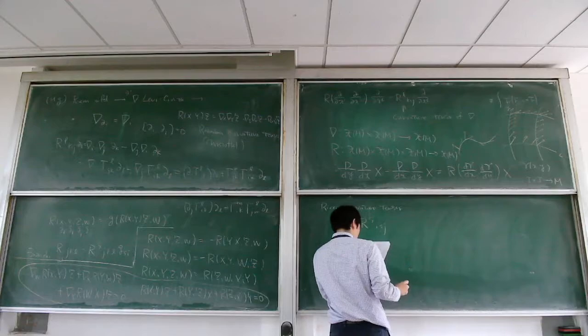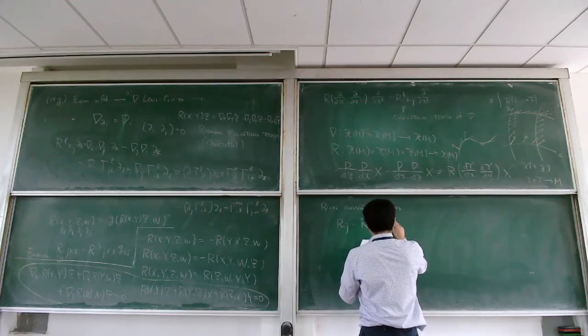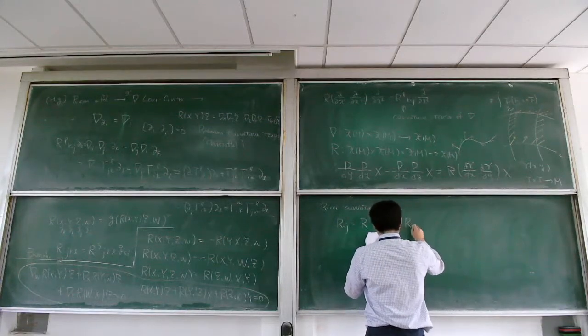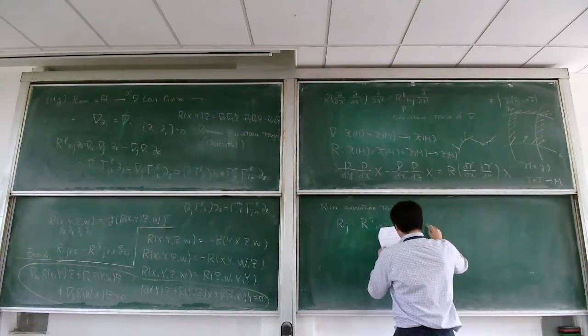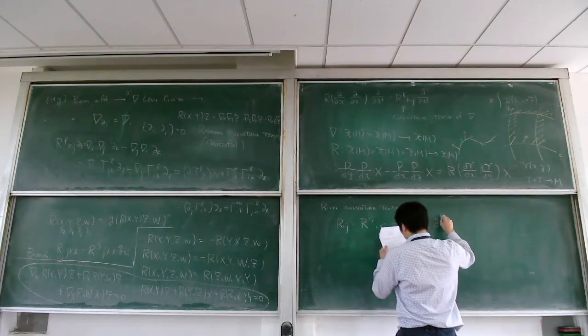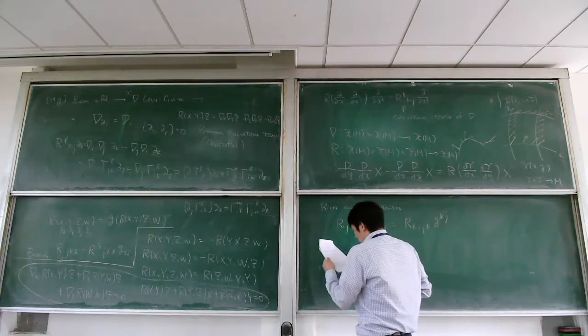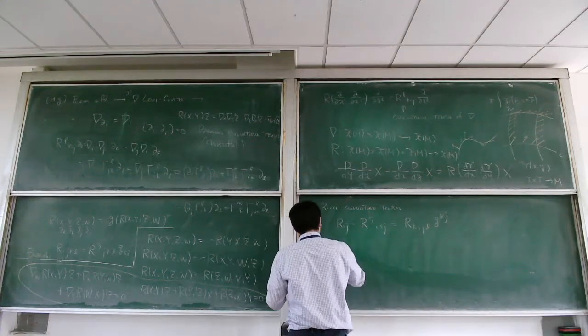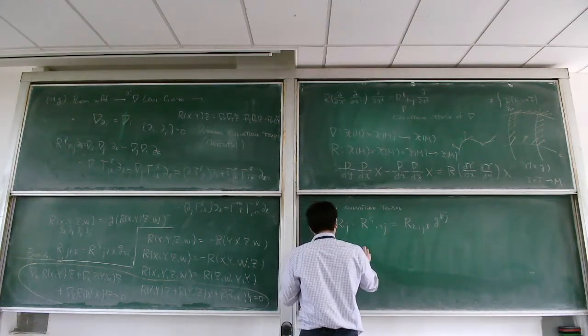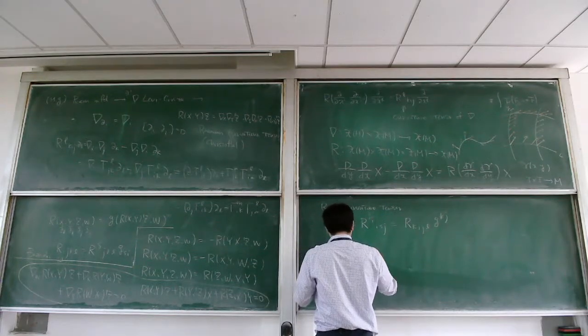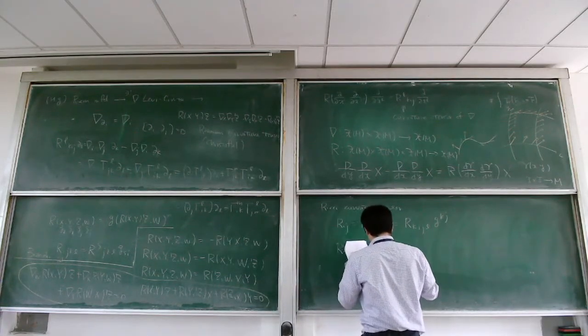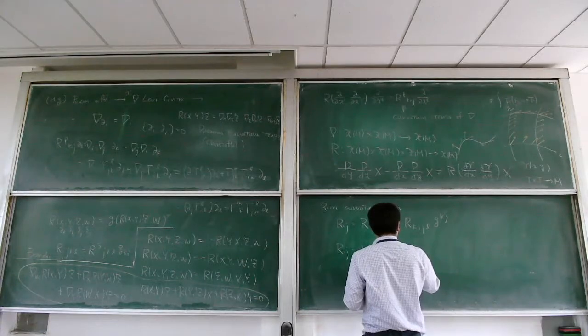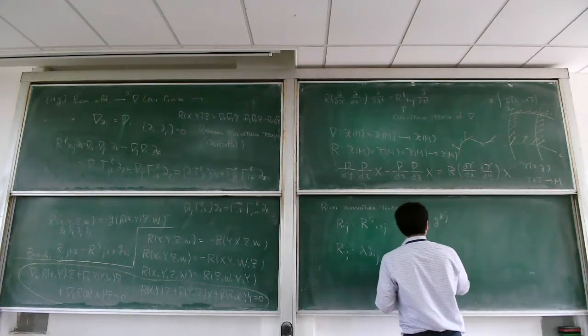So this is the curvature tensor, if you use the Riemannian tensor. In particular, if Rij is proportional to Gij, this is called an Einstein manifold. Mg is called an Einstein manifold.